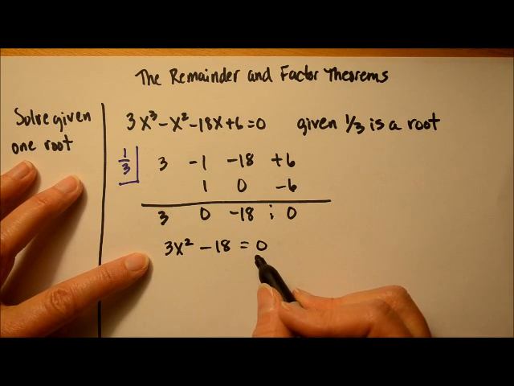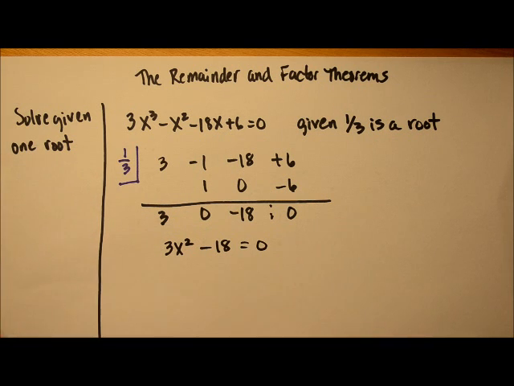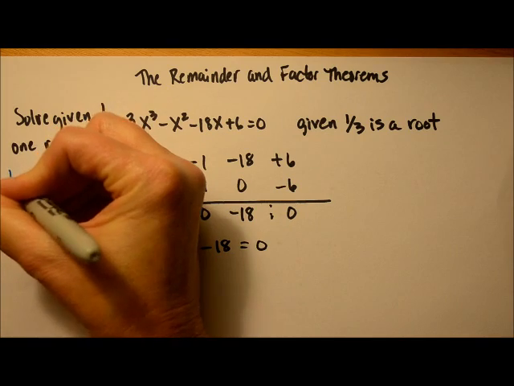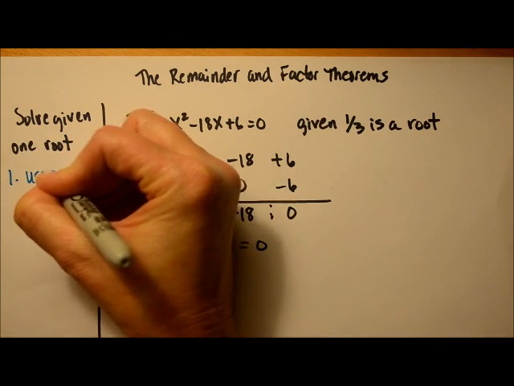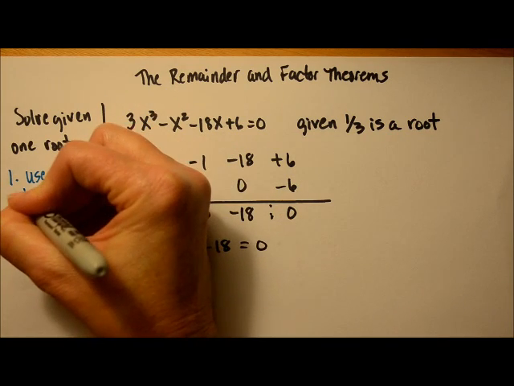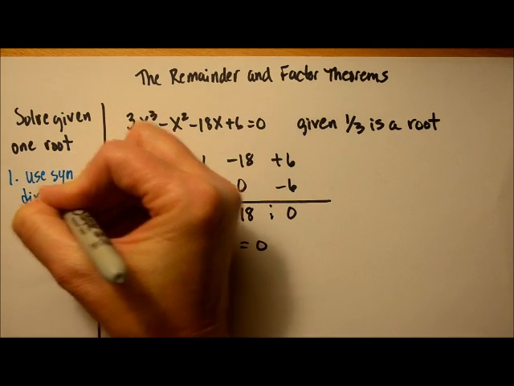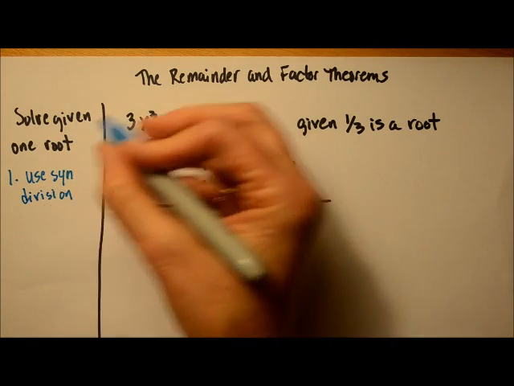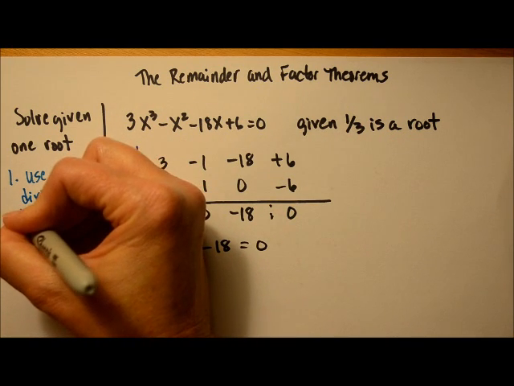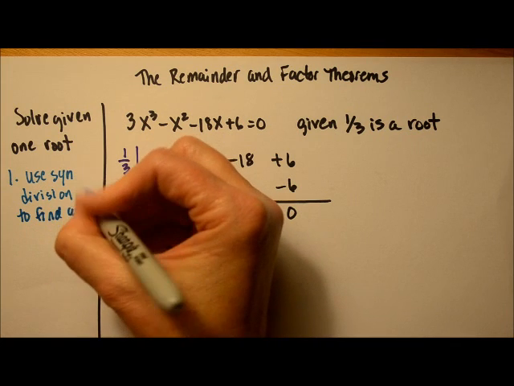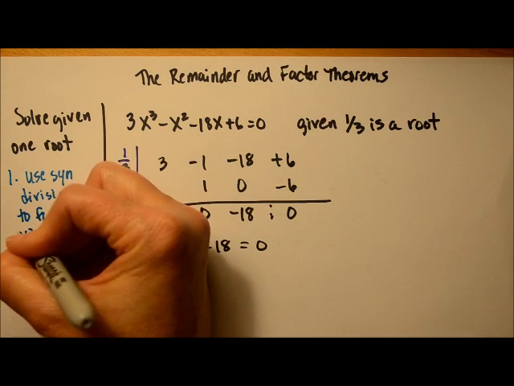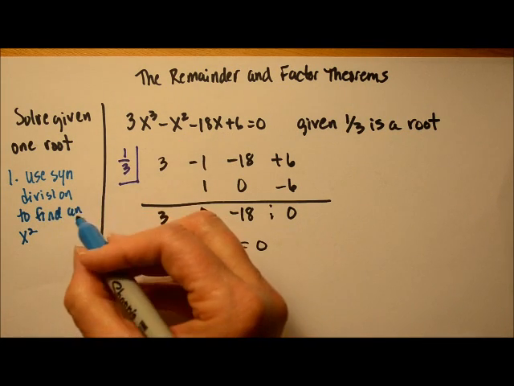From here, I'm going to have to factor and solve, and that's all you have to do. So number 1 is use synthetic division to find an equation that's x squared.